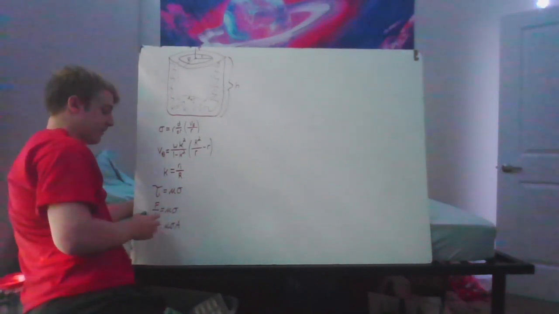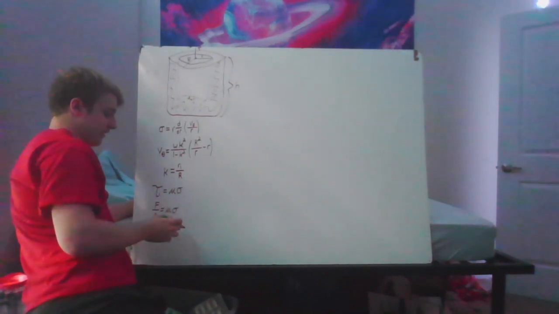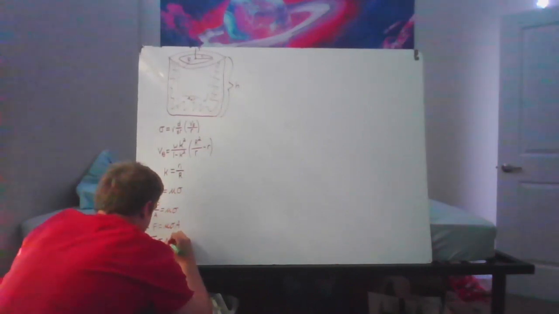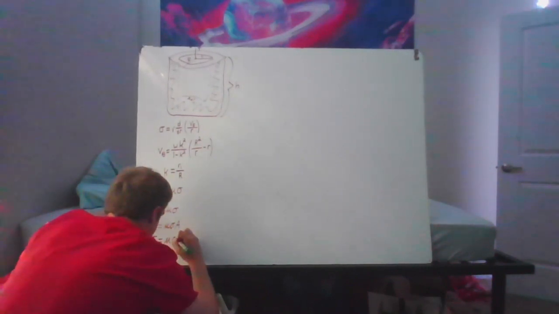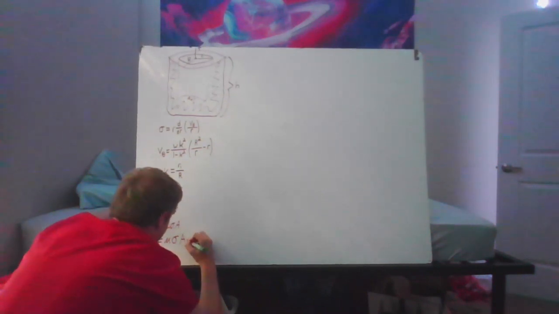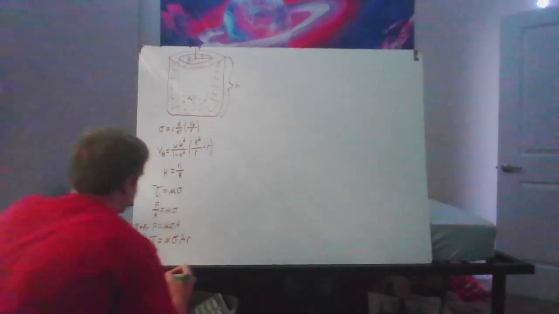We're just going to multiply both sides by R. So we'll end up getting that our torque is equal to our viscosity times the shear rate times the area times the radius.